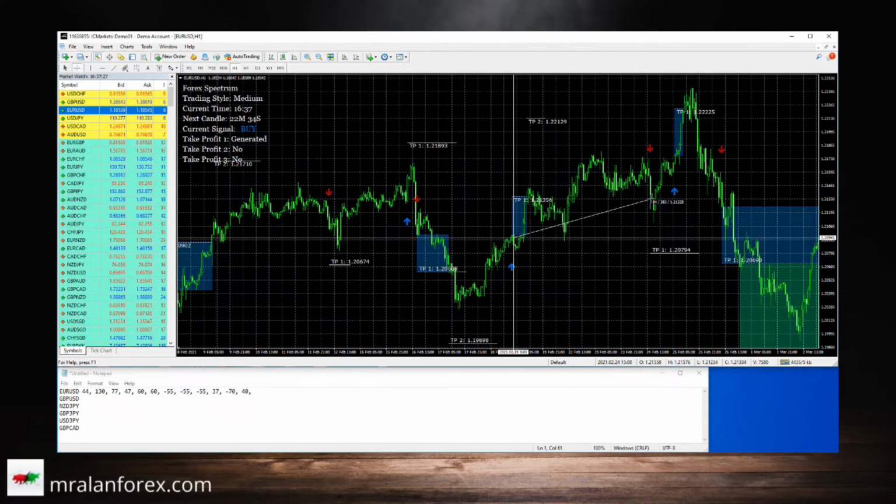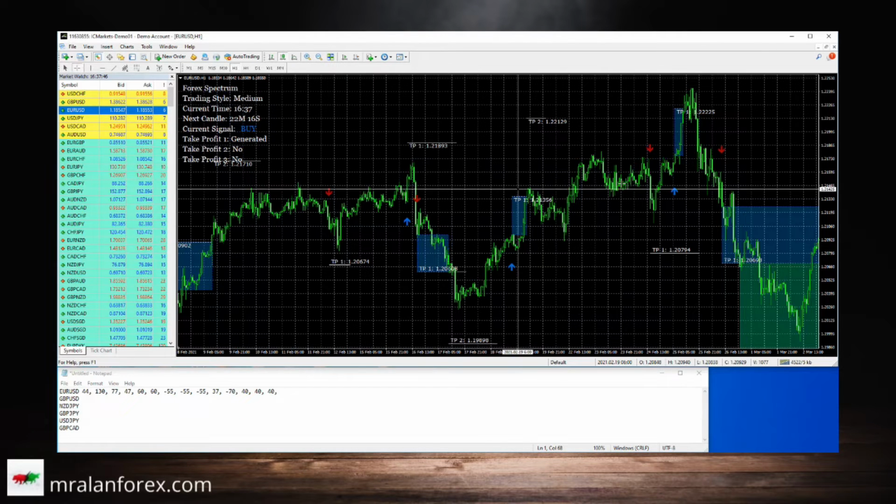So there's also 40. So 40 and 40, and then I didn't have the sell, which looks like a loss of 3 times 40, so minus 120.